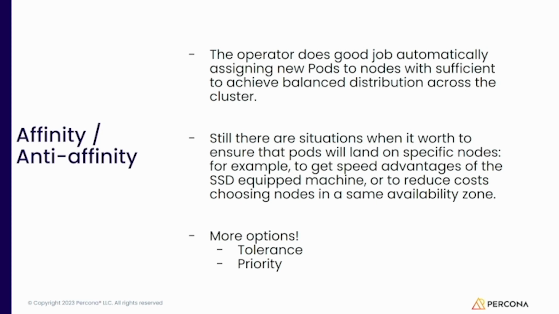So affinity is put this pod on somewhere that matches these conditions. So for example, maybe you want your pod to run on a certain server, on a certain disk, or in a place that will benefit the most. And there you also have anti-affinity, which is the opposite of affinity, like avoid this from happening.